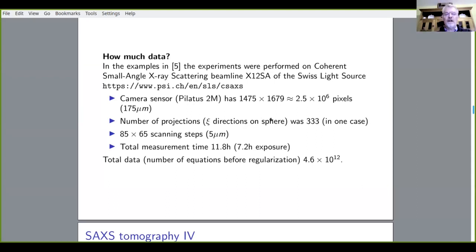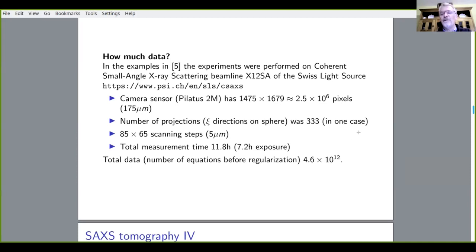And then order 60, 70, 80 scan steps each way. Again, you can vary that. And there's a trade-off with speed and accuracy and number of counts that you get per projection and so on. So roughly the data is 4×10^12 before you did any data reduction.